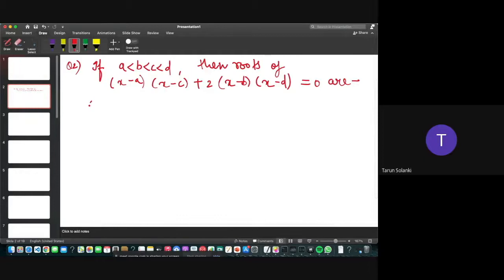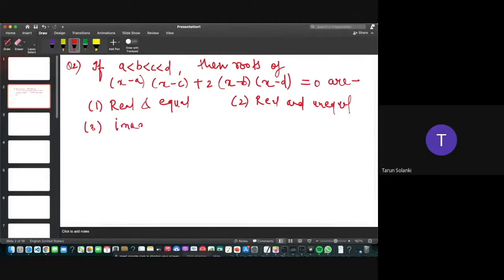Same options: real and equal, real and unequal, third is imaginary, and the fourth one is rational.